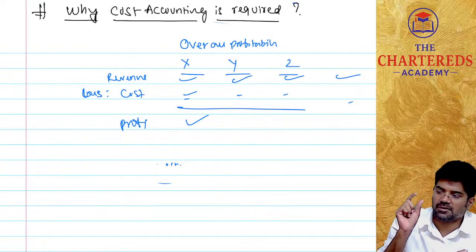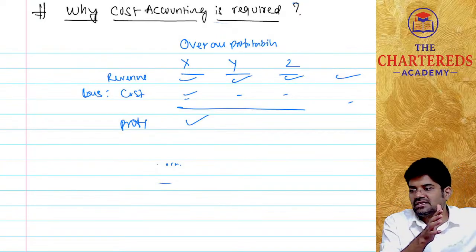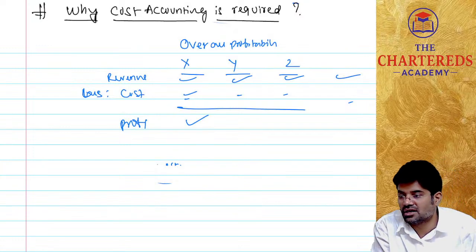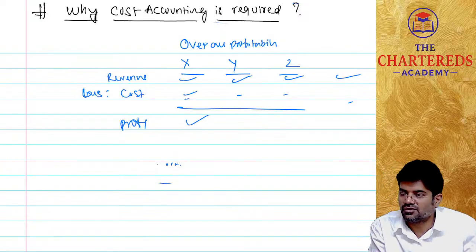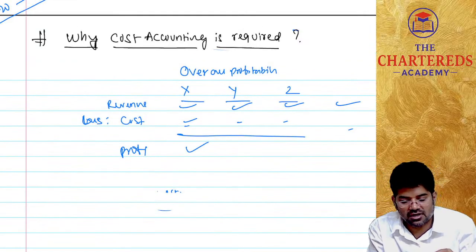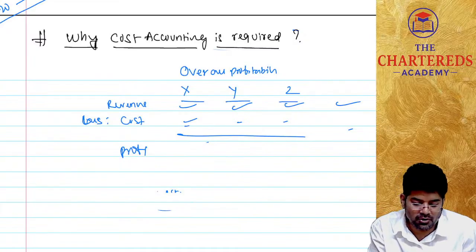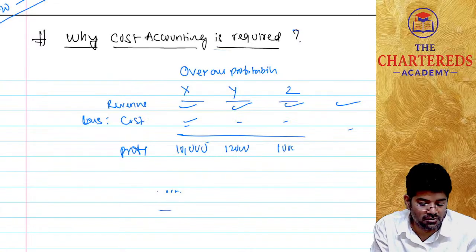Yes, you require a separate branch where product wise I will record the cost, and I can also ascertain product wise profit. What is the advantage of calculating product wise profit? Now you will give me the answer. Say product X you got profit of 10,000, product Y you got profit of say 12,000, and product Z gave you a loss of 1,000 rupees.